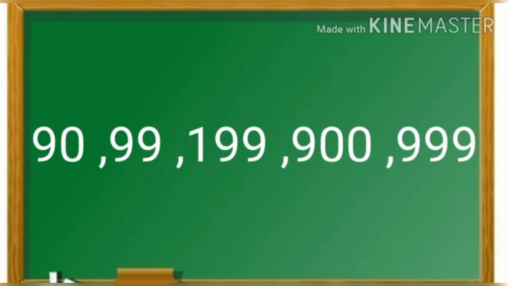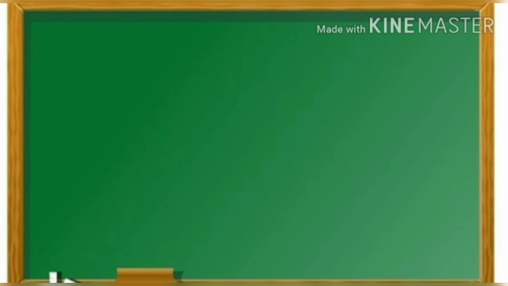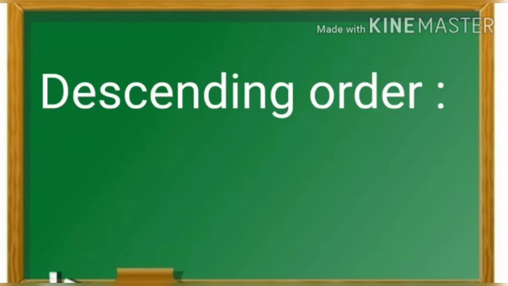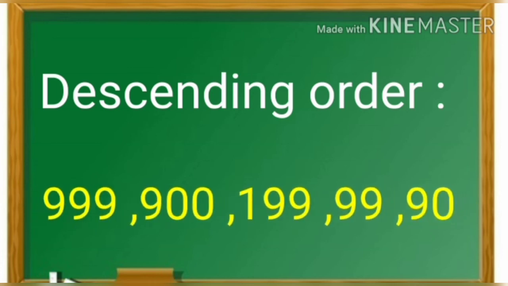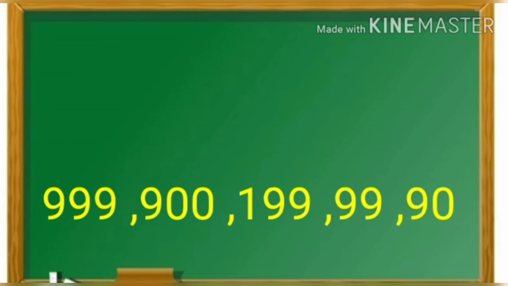Now we are going to arrange in the ascending order: 90, 99, 199, 999. In the same way, we are going to arrange in the descending order, big number to small number: 999, 900, 199, 99, 90.